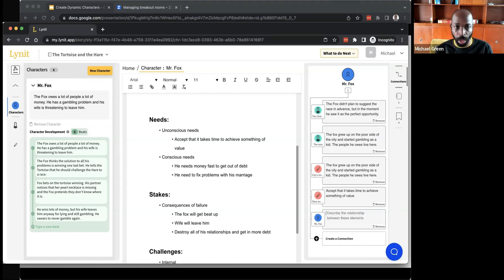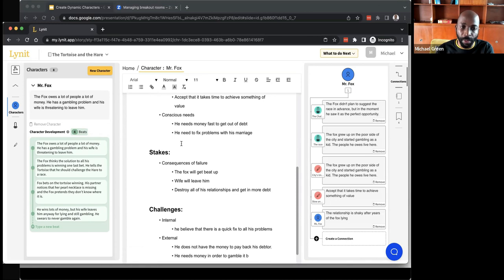Or his conscious need he needs to fix the problems of his marriage, but well, actually, no, the relationship is shaky after years of the fox lying to her. So, that's really the relationship between that, but now it's structured and captured and connected to this other character.